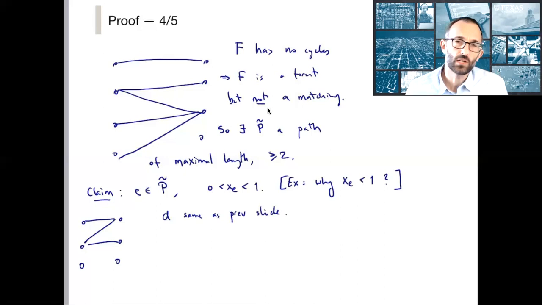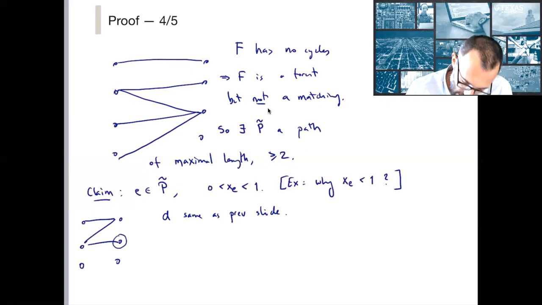Now I can no longer assert that, because this may not be even. So I might have edges that are left alone like that. So I can no longer assert that the sum over d is going to necessarily cancel out as it did before.